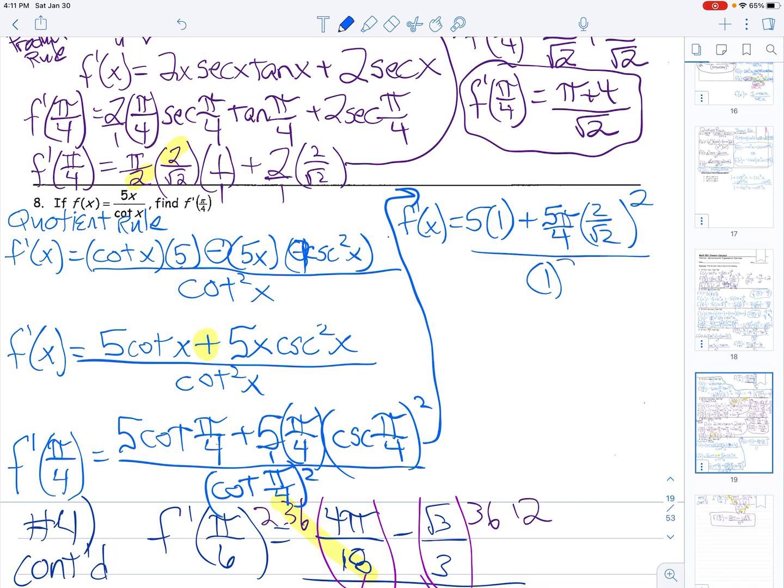So what do we say? Radical 2 over 2 flipped, right? So 2 over radical 2 squared over cotangent pi over 4, which is 1 squared.